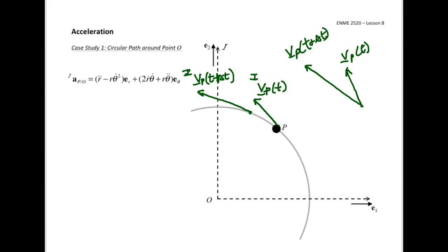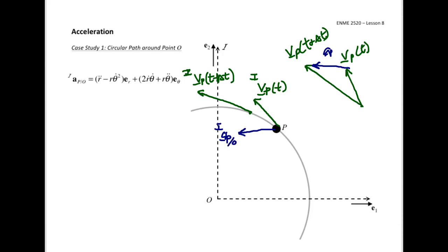Then our acceleration is going to be the vector between them. So there's the acceleration of point P. And so if we draw that now at this time, then we're going to get an acceleration vector that looks like this. So our acceleration of point P in the inertial reference frame with respect to point O.